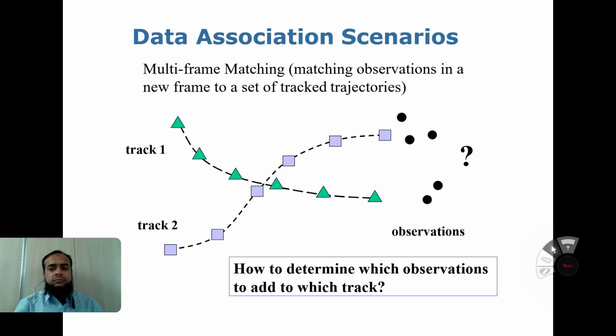The data association still does not know how to determine which observation to add to which track, because each track should have only one measurement, but here there are three measurements and two tracks. So which measurement should be added to which track?